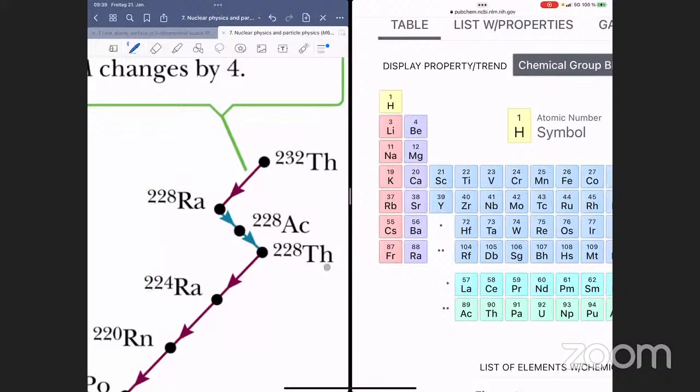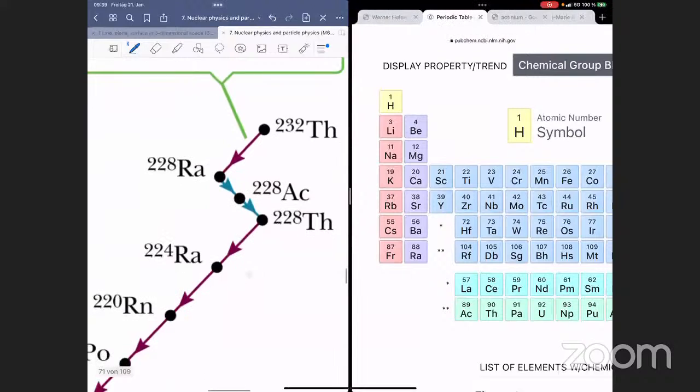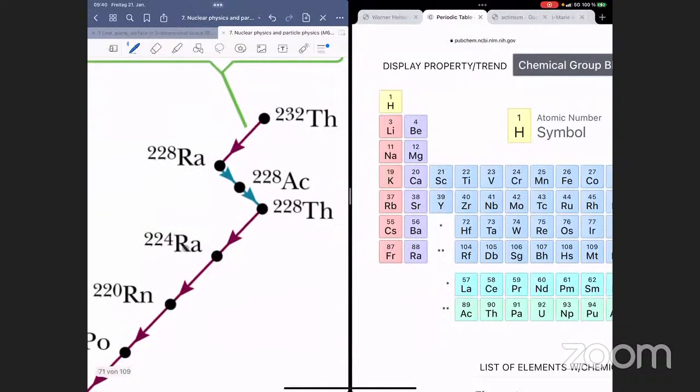And now the nucleus of thorium behaves in a different way. They turn to be radium 224. They throw away four nucleons, and that's helium-4,2, right? 2 protons are missing from thorium. So thorium right here, 90 protons, and 2 protons are thrown away.